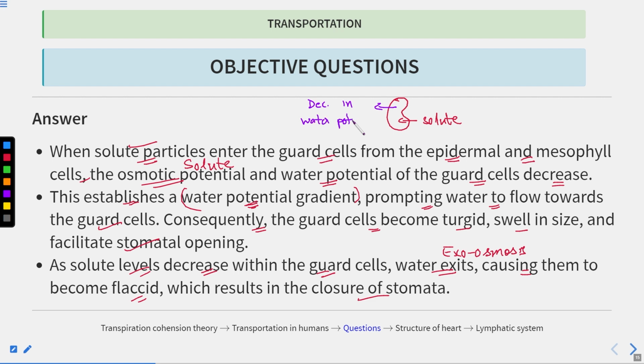Now you already know water travels from high water potential, and outside it is high water potential. Okay, so water will enter inside the guard cell and the guard cell will become turgid and the stomata will open. And then what will happen? If the reverse happens, then the water will come outside of the guard cell and this is known as exoosmosis and this will result in the closure of the stomata.